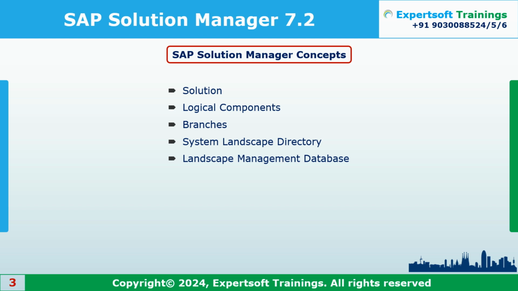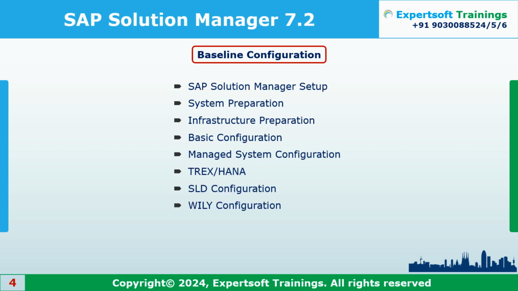Okay, so starting with the baseline configuration. This will come under your process management. I will come to this later. In the baseline configuration, we will be setting up the mandatory configuration, like system preparation, infrastructure preparation, basic configuration, and all these things.